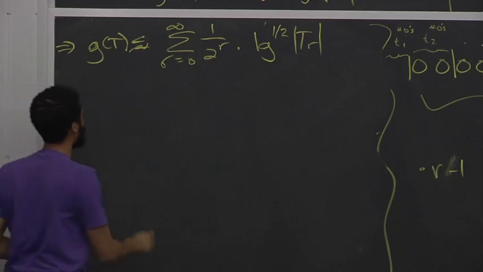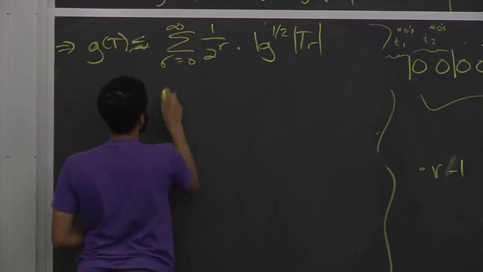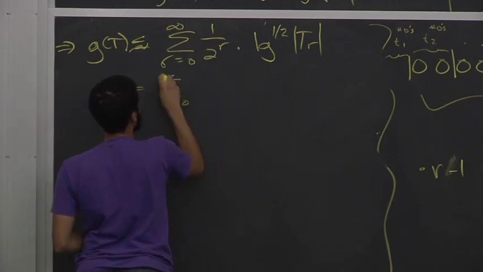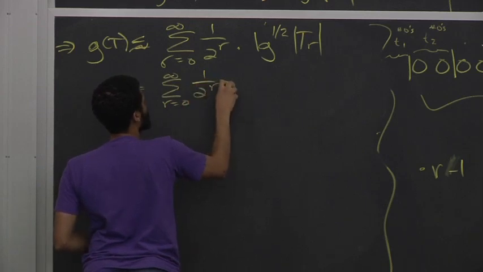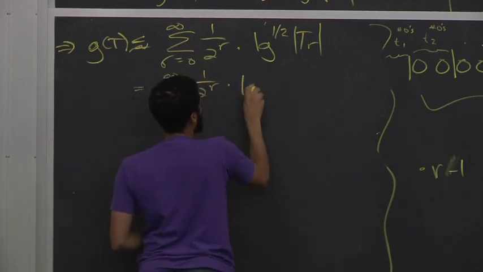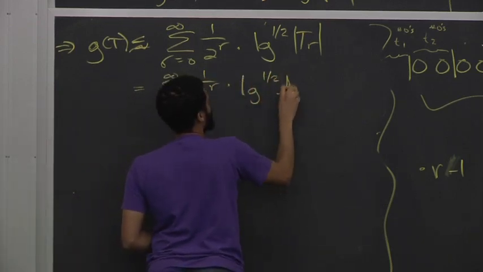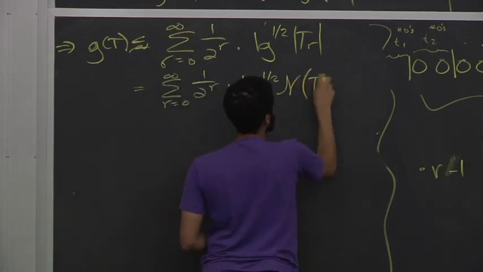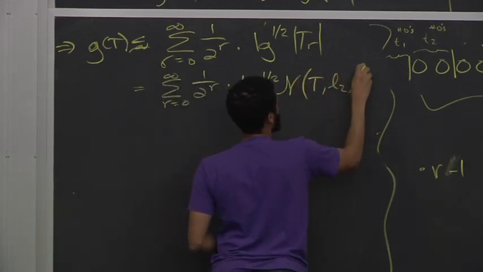And this is often written as the sum r goes from 0 to infinity, 1 over 2 to the r times root log N(T, L2, 1 over 2 to the r). I'll define this in a second.